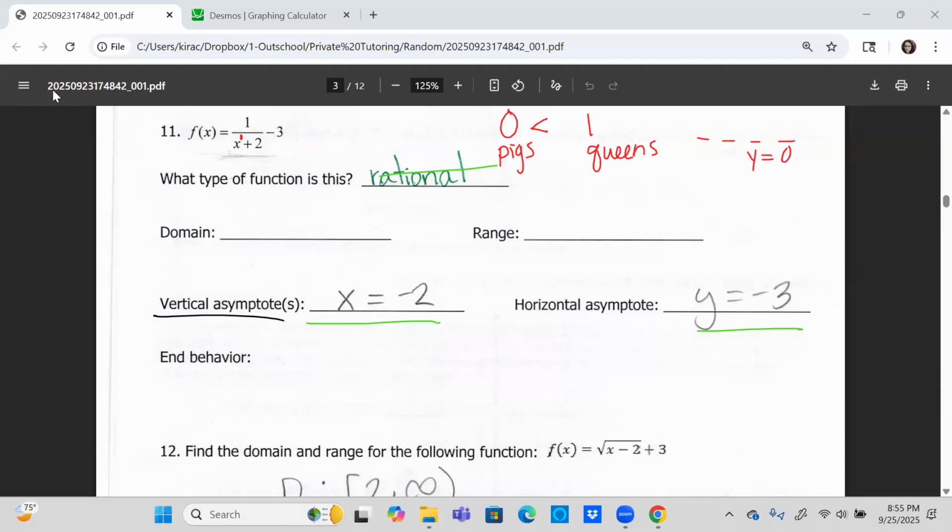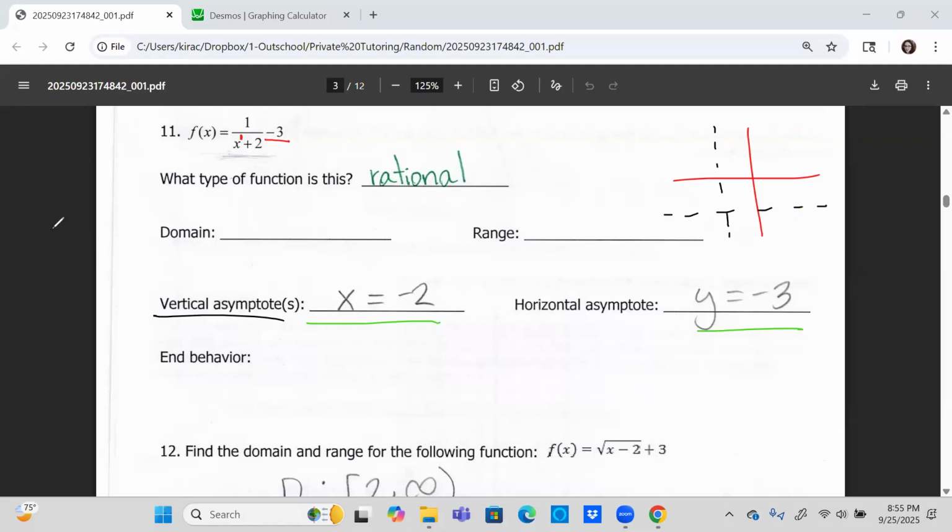It then had a -3. So the ruling fairly would drop down 3 to be -3. So that's how you can do it if you didn't want to look at a graph. Okay. So now if we were to actually graph this, we'd have a vertical at -2, horizontal at -3.